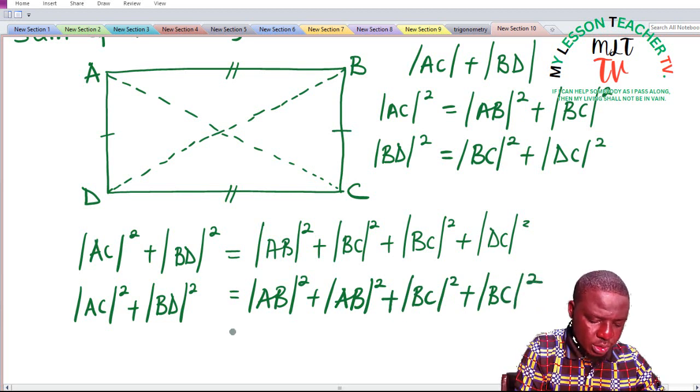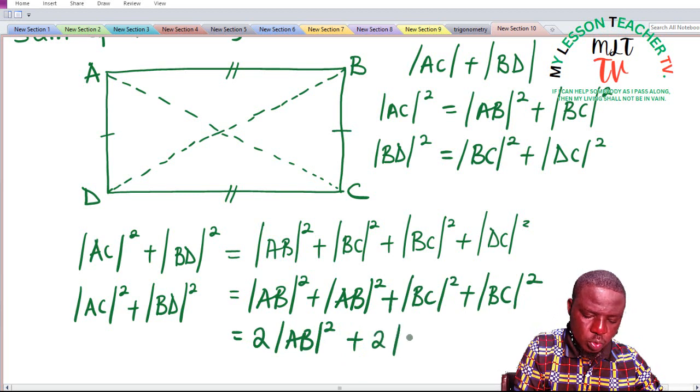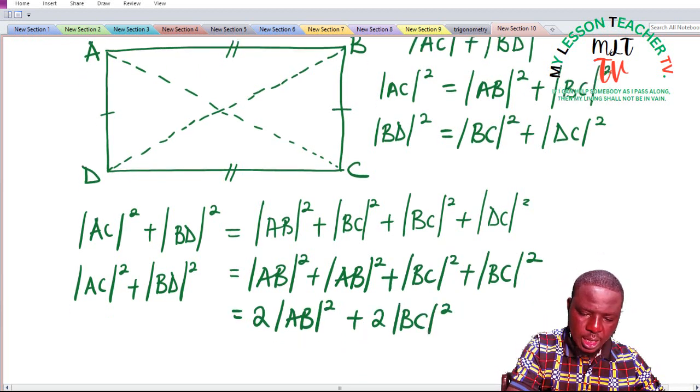So collecting like terms, you have this to be equal to 2AB squared plus 2BC squared.